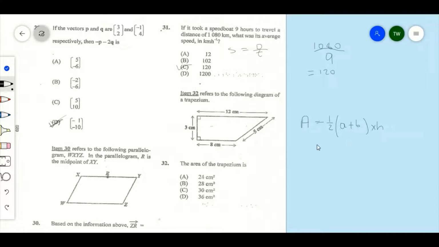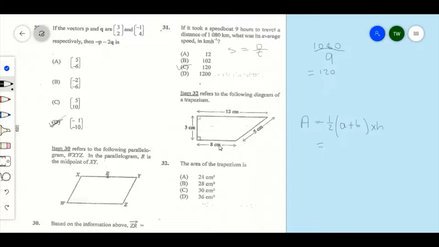Here a and b are going to be the parallel sides, and h the height. So it's going to be 12 plus 8.